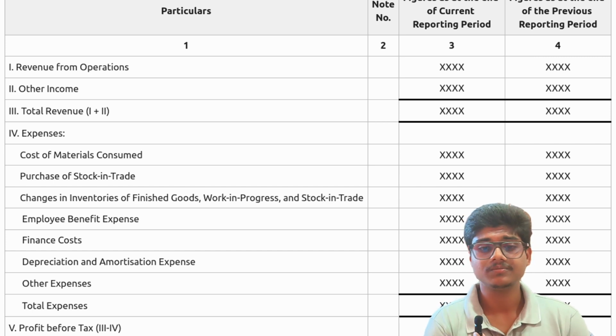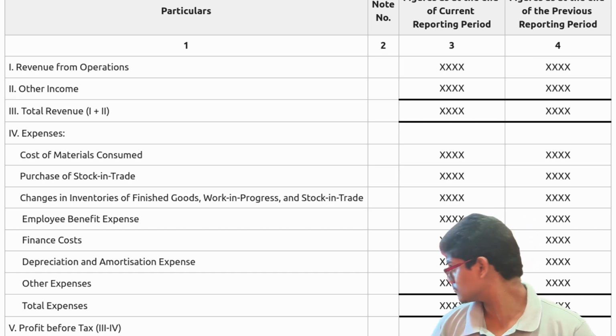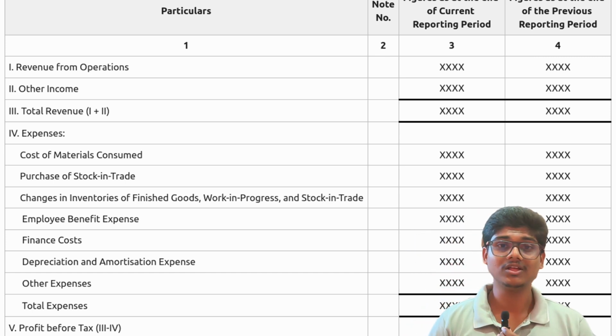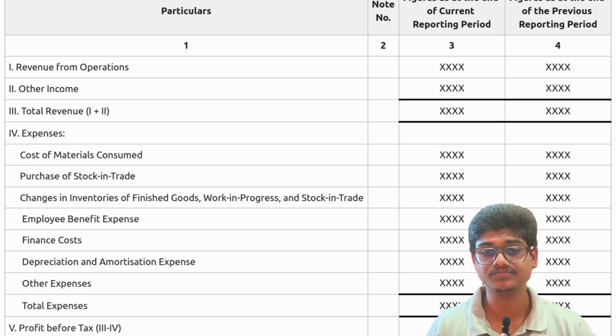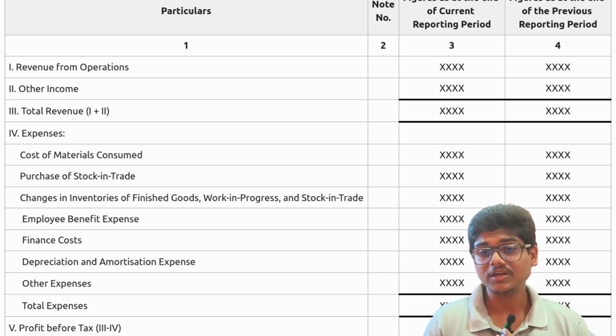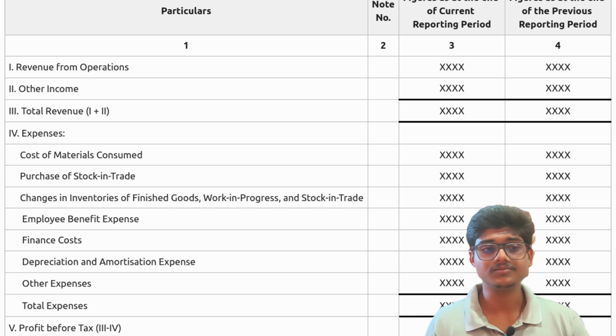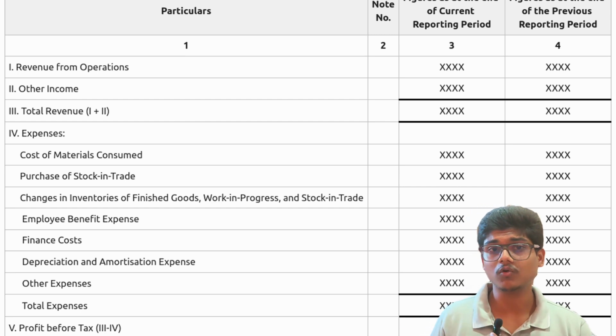So now moving toward our internal things, the first section contains the revenue. In this revenue, we can see revenue from operations, means you have a business and you are earning income from your core business.